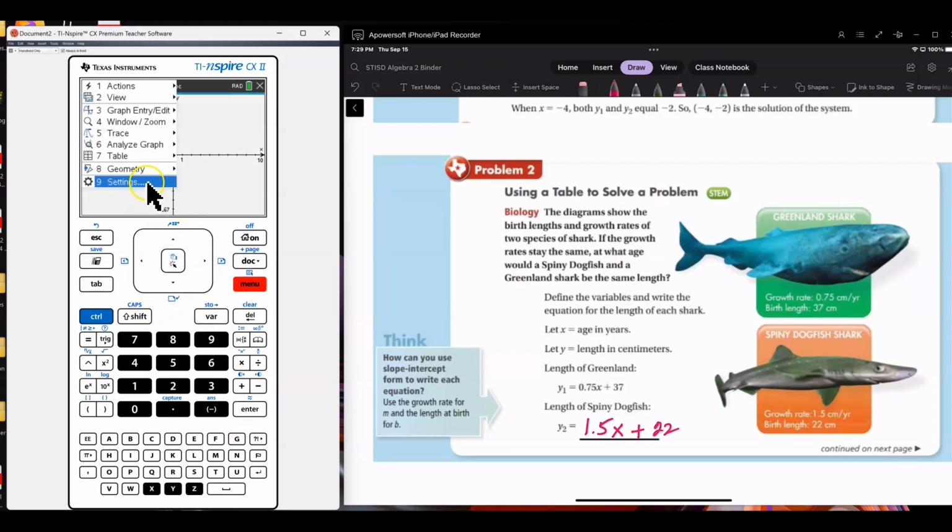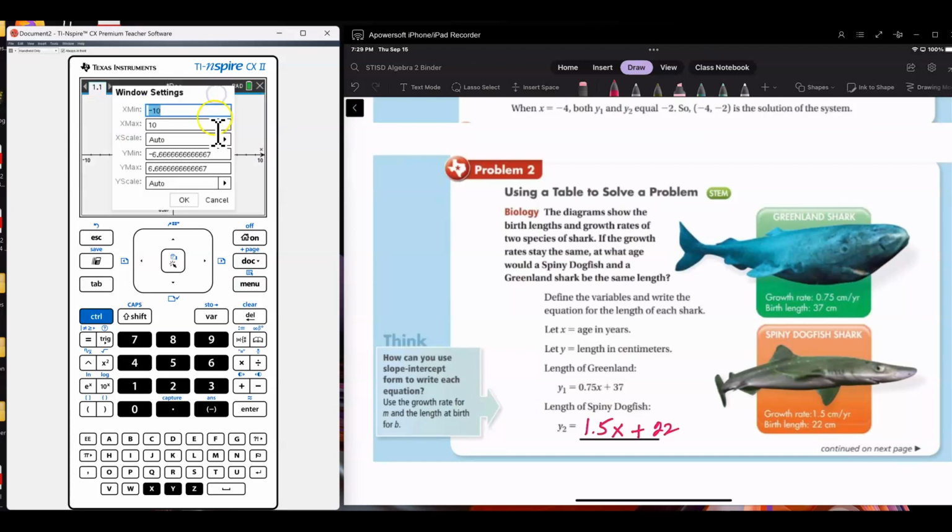I'm going to go to Window, Settings, and I'm just going to play around with this. I'm going to write 50 for right here, 50. And Y min, I'll leave it like that. I'll press OK. Okay, so that didn't work.